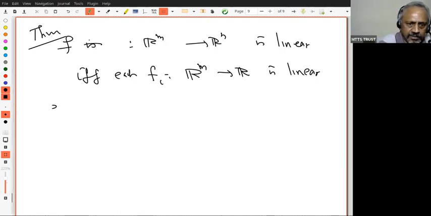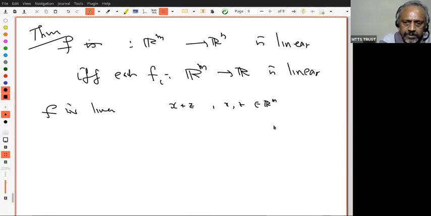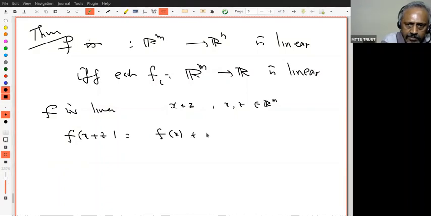So we want to prove this. One way, let's assume f is linear. Then let us look at x plus z, where x and z are in Rm. Okay. Then what will it be? f of x plus z. I know it is f of x plus f of z because f is linear, right?